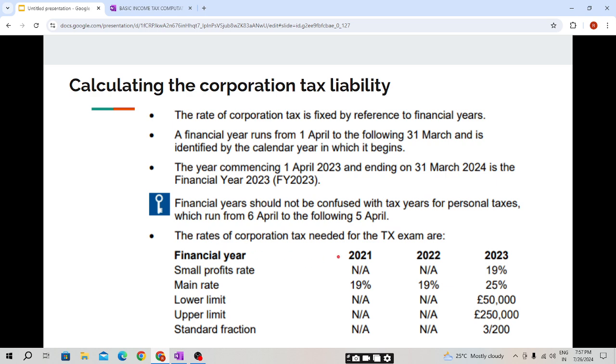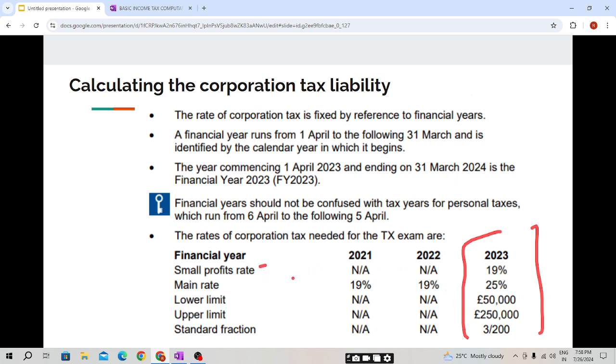So the tax rates of corporation tax needed for the tax exam are for financial years 21, 22 and 23. Small profit rate is 19%. Main rate: as we have seen, till the Finance Act of 2022 we had a single rate of 19%. But coming to the financial year 23, we have other rates.